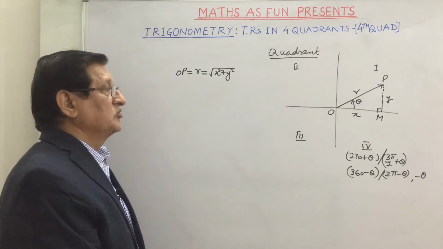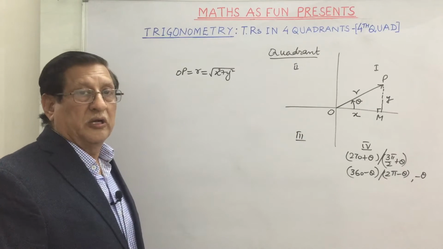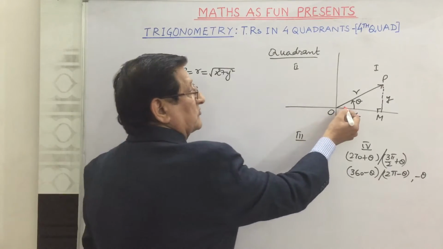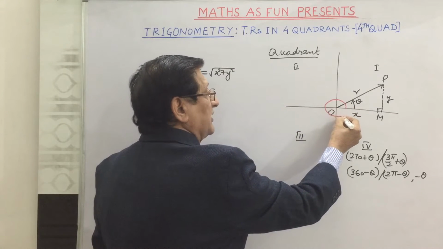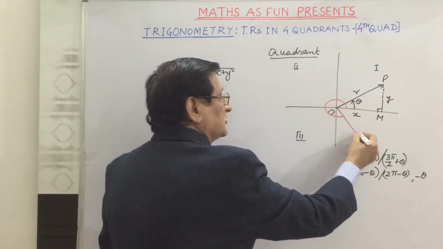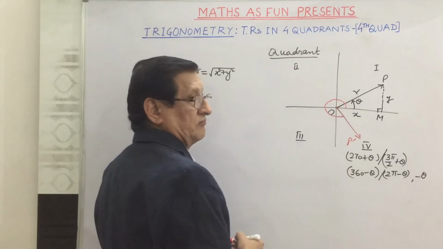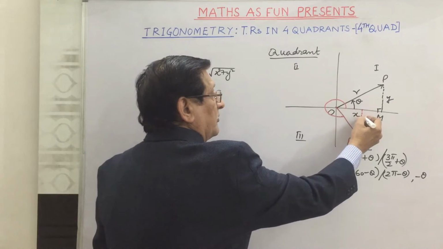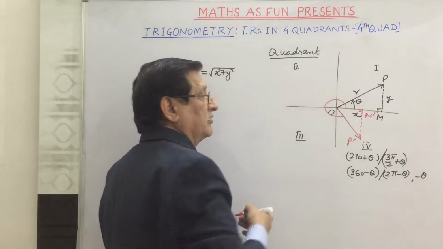Now when we go for 270 plus theta or 3 pi by 2 plus theta, it means the revolving line starts from the starting position, completes 270 degree, and then makes further the angle of theta and comes to this position. You can see now, this is the position which is P dash. If we draw a perpendicular from here, this is PM dash. This is the angle of 90 degree.